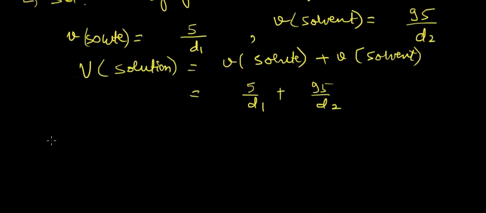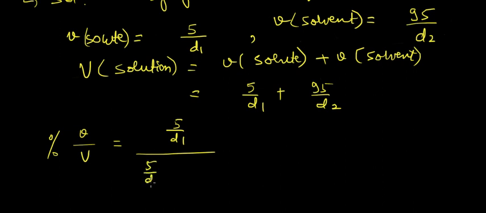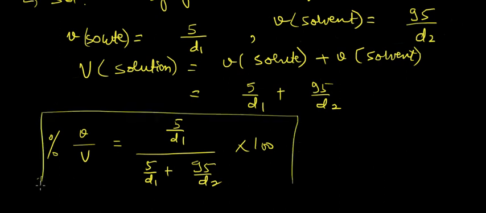Then percentage small v by capital V would be 5 upon D1, the volume of solute, over 5 over D1 plus 95 over D2, multiplied by 100. This would be the answer. You can simplify it by taking the LCM of denominators and doing all types of mathematical operations, but the core would be this.